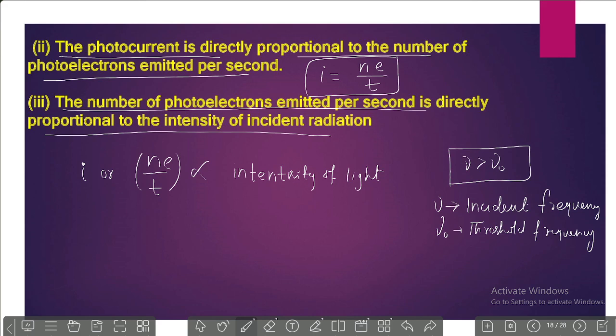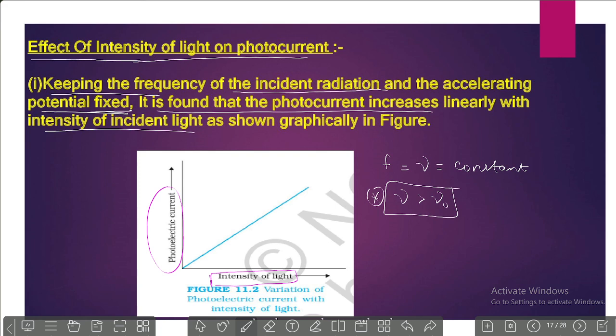Everyone, note this down: effect of intensity of light on photocurrent, and the graph.